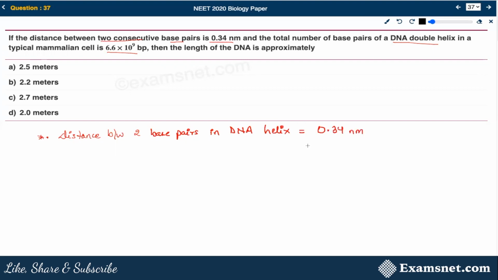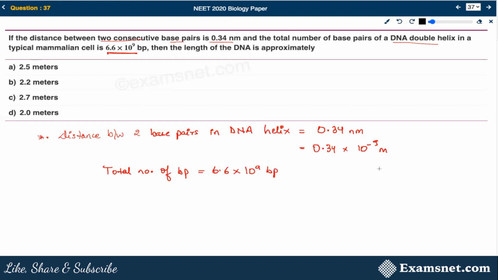And if we convert it into meters, it will turn out to be 0.34 into 10 to the power minus 9 meters. This is in meters. All right. And what about the total number of base pairs? It has been given here as 6.6 into 10 to the power 9 base pairs. So the total number of base pairs is 6.6 into 10 to the power 9 base pairs.